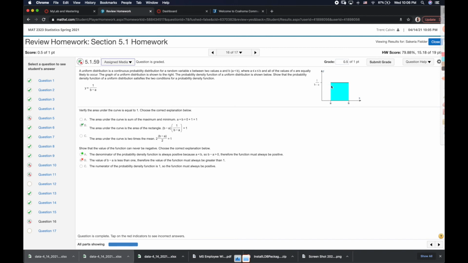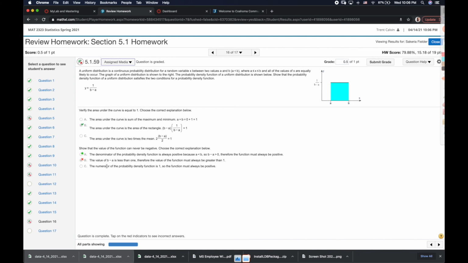My vertical distance on my y-axis is going to be 1 over b minus a. So that's my vertical distance. I'm going to multiply that by b minus a to find my horizontal distance. The difference between here is going to give me the length right here. And so great job at finding that area. This is how you'll find the area.